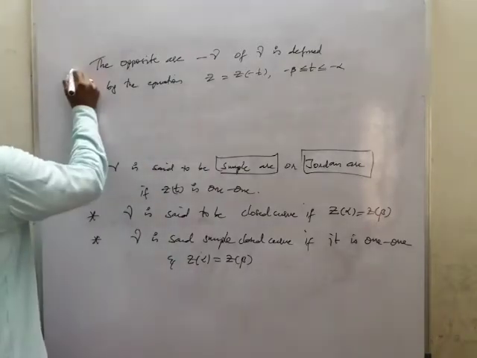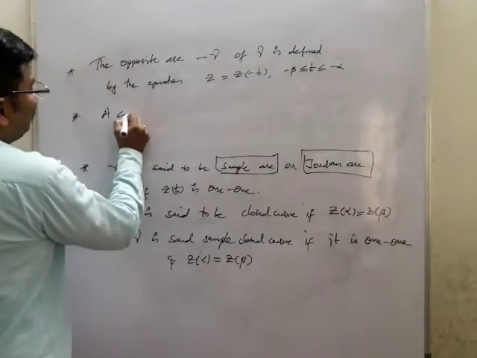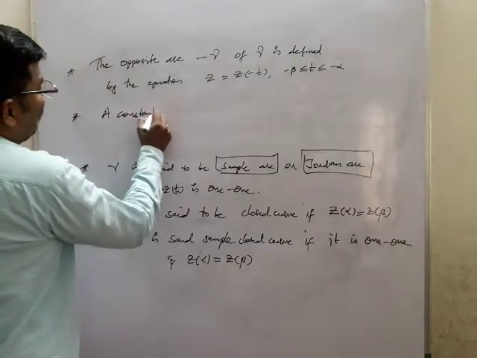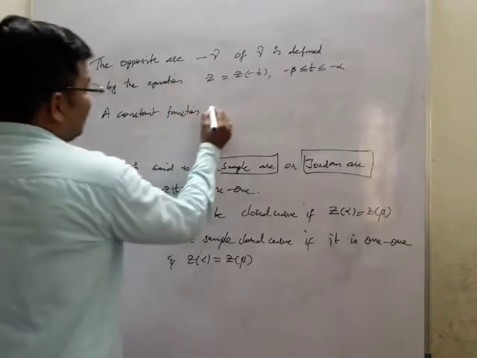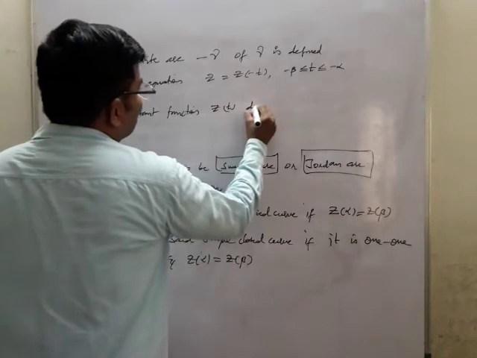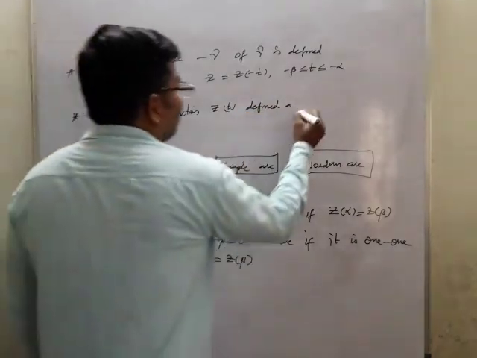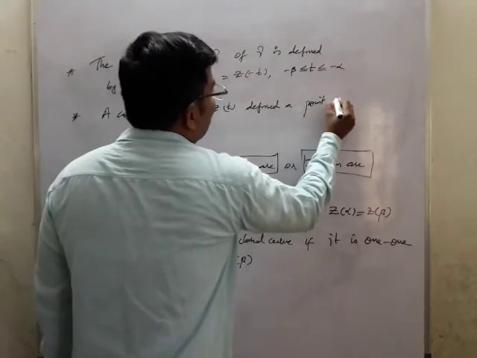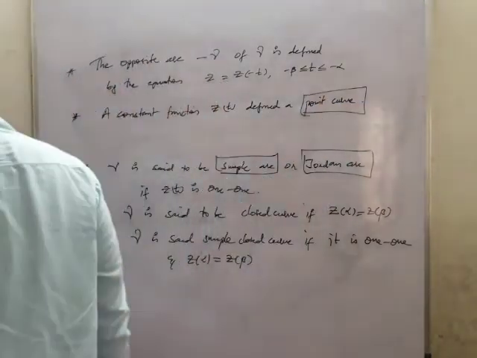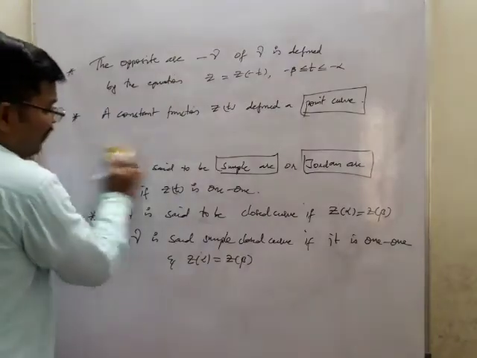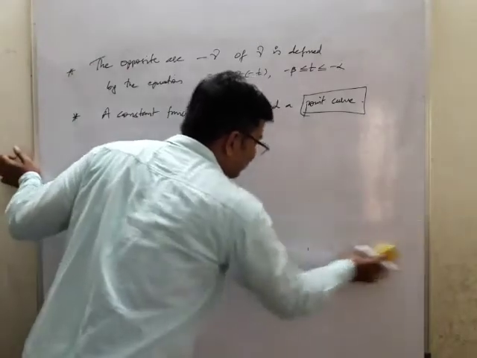Next important point, one more point regarding the arcs: a constant function z of t defines a point curve. Then the last point regarding the curves is like this.